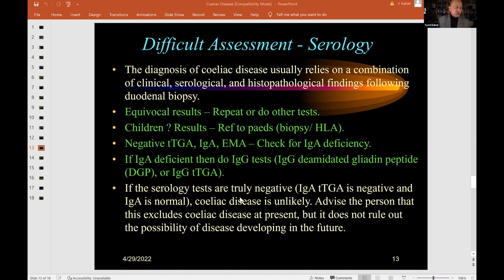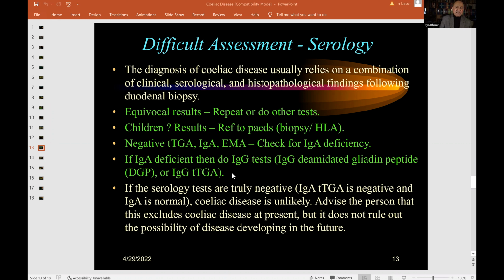There are few possibilities with the serological tests. The TTGA test is raised, IgA level is raised or normal, and endomysial antibody level is also increased. As long as one is assured that IgA is not deficient, then the TTGA tests are literally diagnostic of the condition, celiac disease.